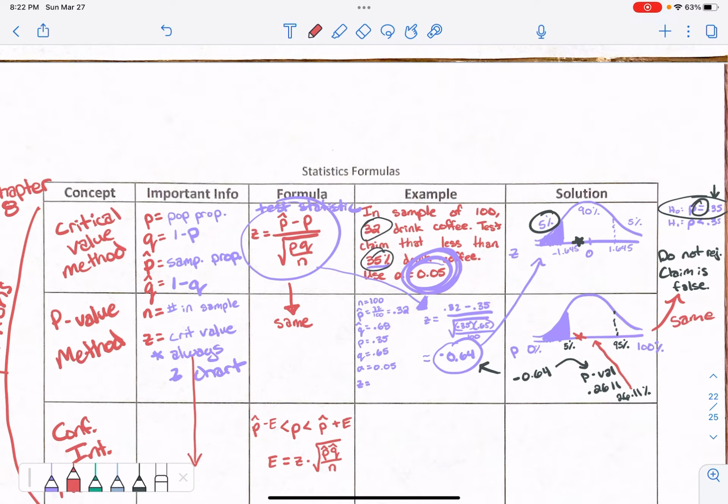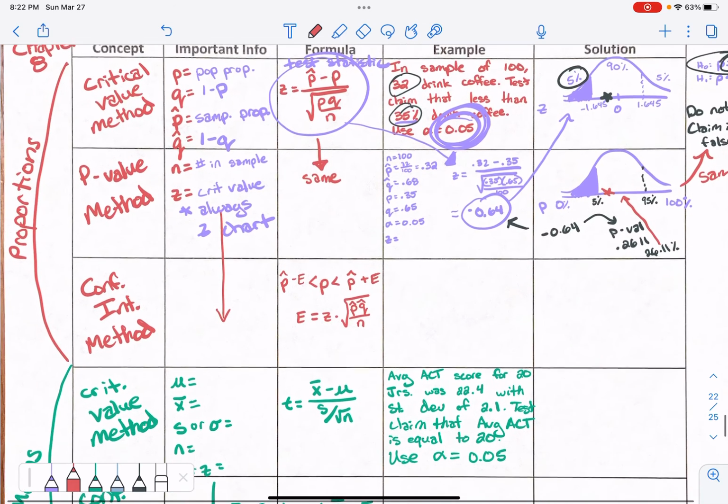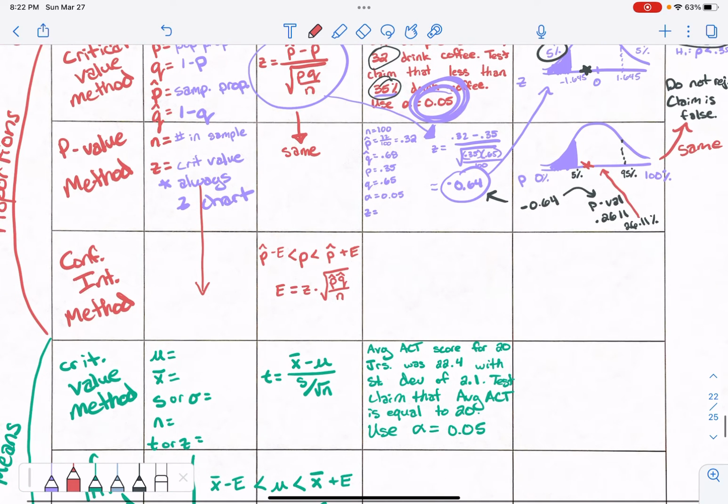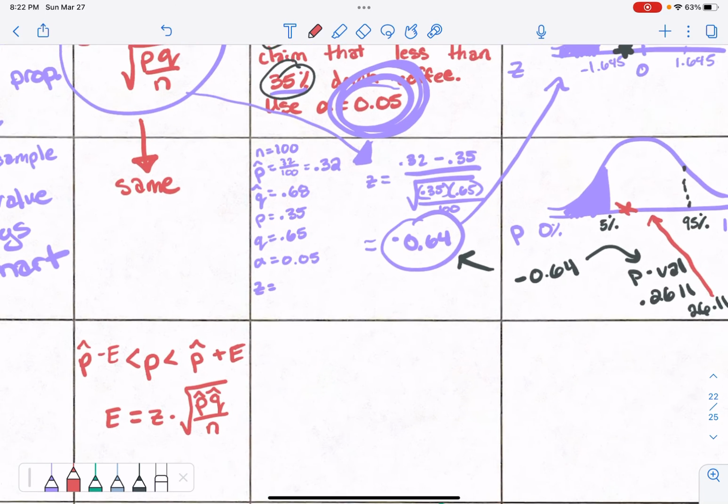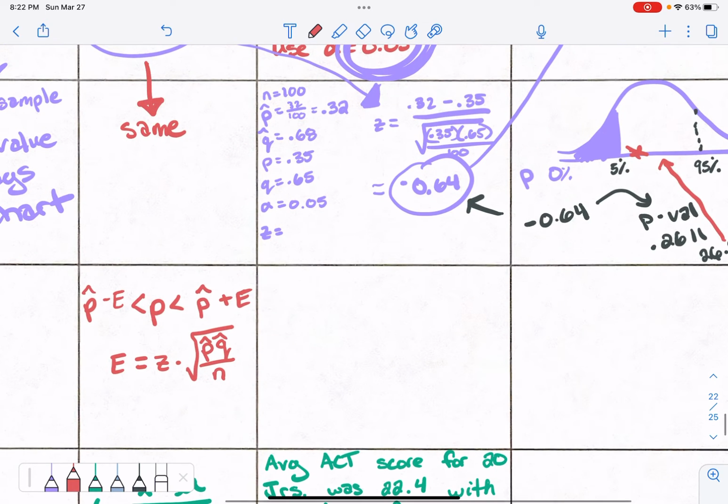Okay? All right, next we're going to do this same thing, but we're doing the confidence interval method. We're doing this one instead now. p hat was... we've got to calculate the error first. Error is z.